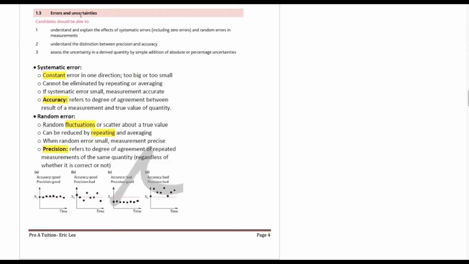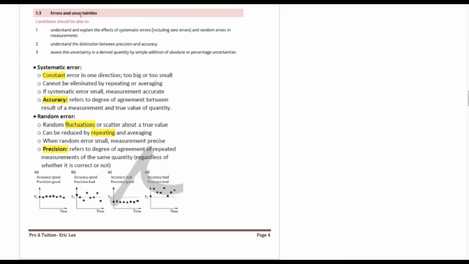For example, if you are using a measuring tape, maybe not so accurate, it's like 1 mm only. The smallest scale is 1 mm. If you're using maybe a vernier caliper, it is more accurate. Or if you want to be more accurate, you can use a micrometer screw gauge. So the accuracy increases if you use an instrument with a better accuracy, and it will get closer to the true value.